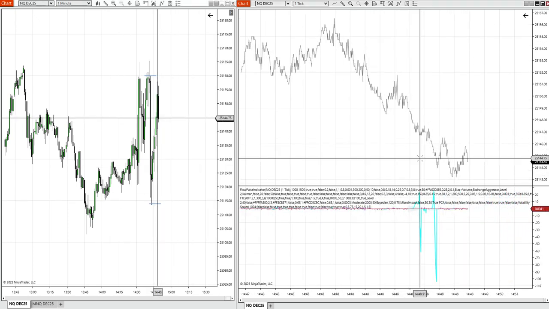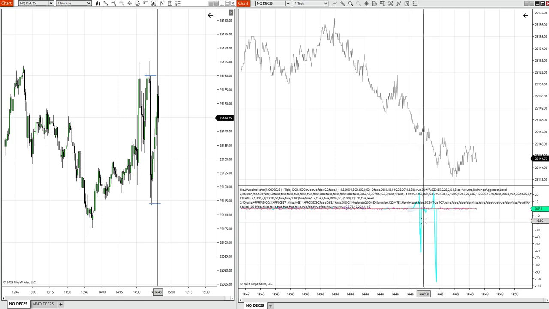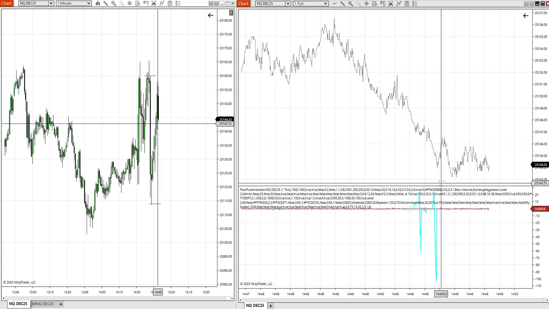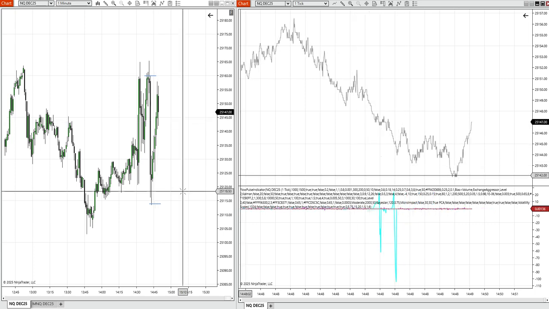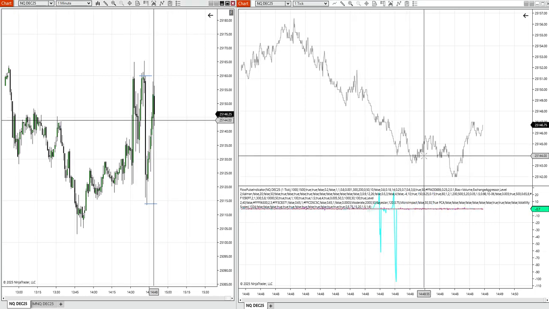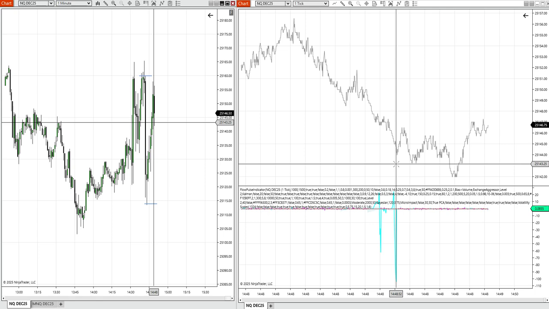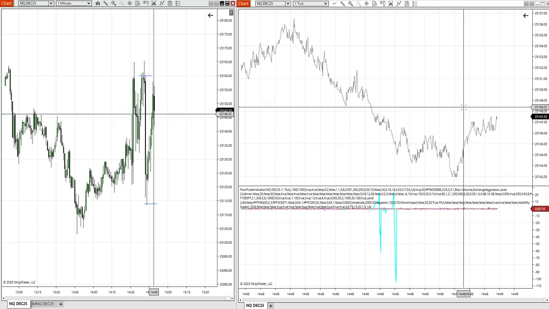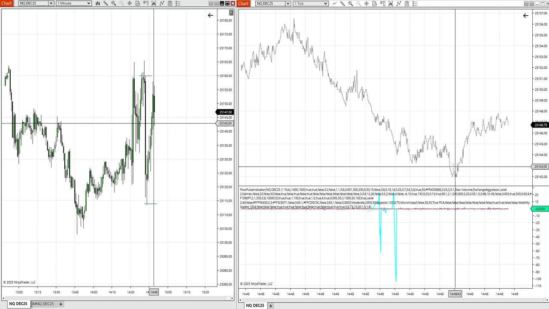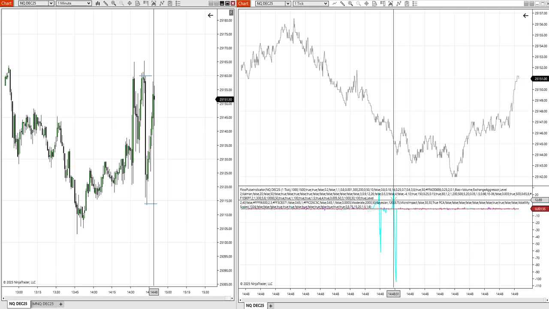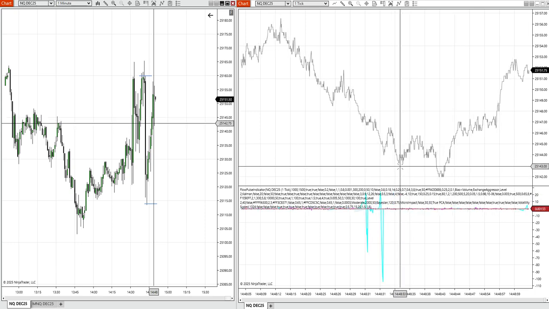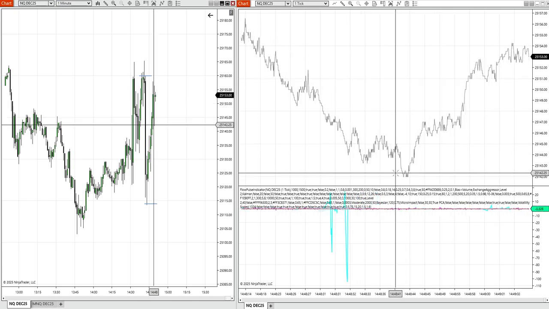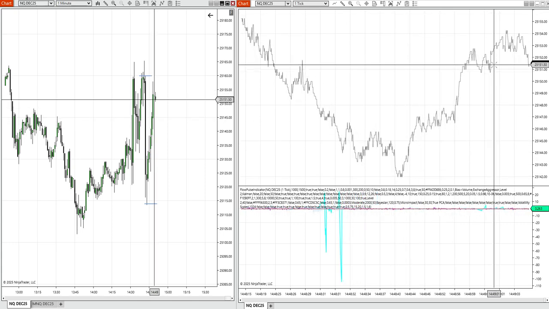So you can see there, we're getting lots of momentum. But it doesn't mean price is going to turn around. It's just telling us that there is momentum at that point. That's all. Even though in that case, it did.